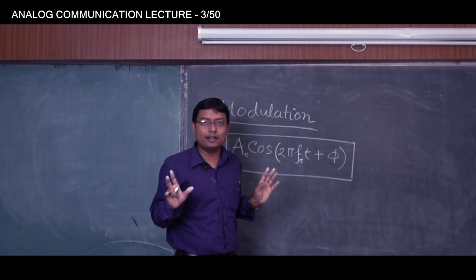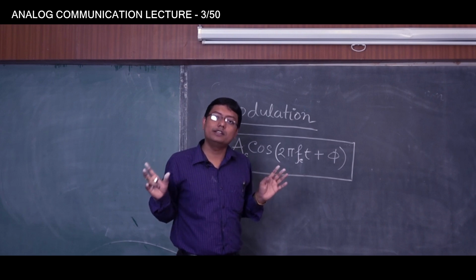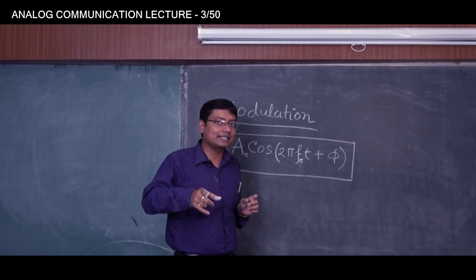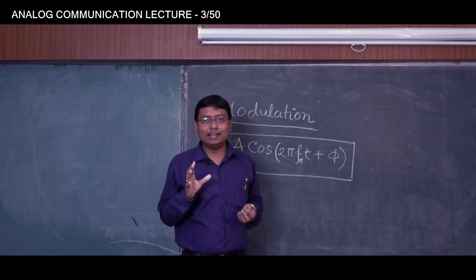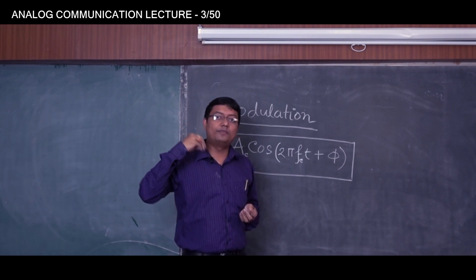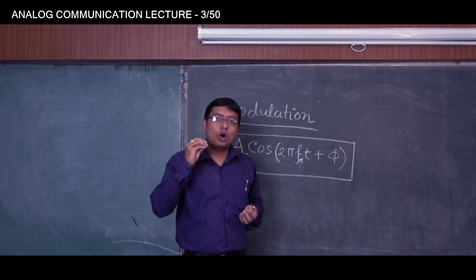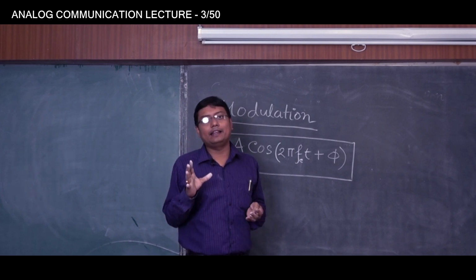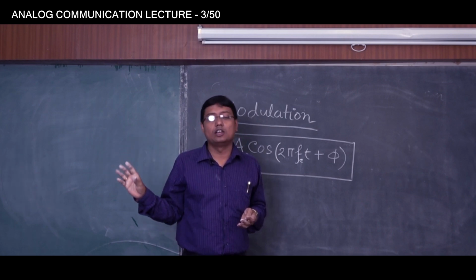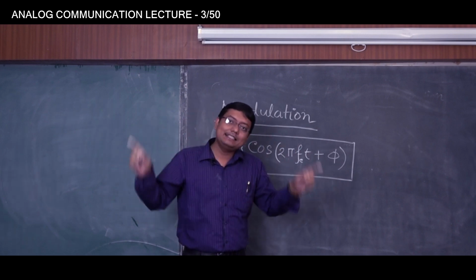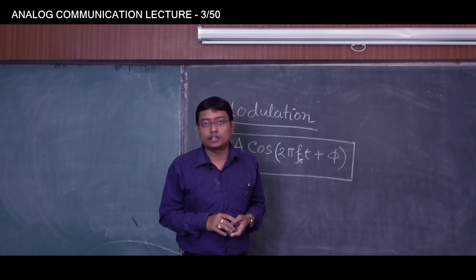I think it is clear now what modulation is. I repeat for the last time, we vary either the amplitude, or the frequency, or the phase of the carrier according to the instantaneous change of the baseband, and that is the definition of modulation.